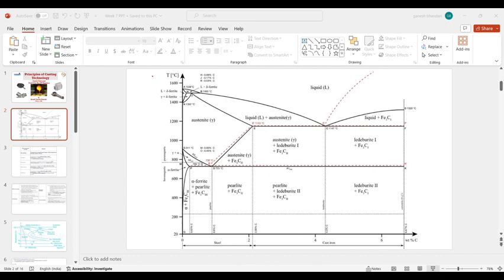We are talking about steel, we are not talking about cast irons. In steel, the carbon percentage is up to 2.08%. So as we increase the carbon in steel up to that 2.08% range, the tensile strength is going to increase.